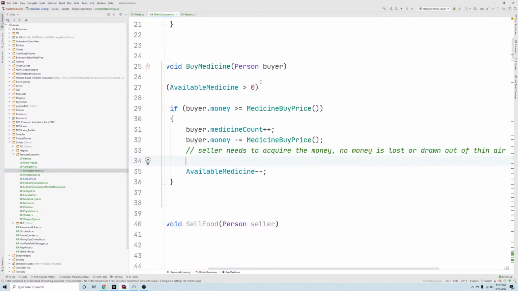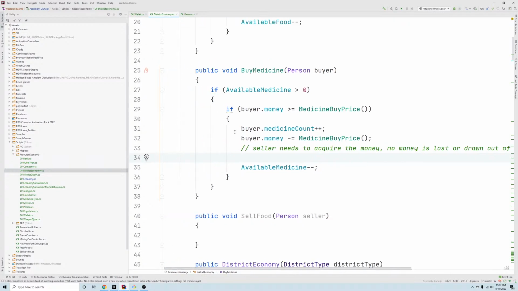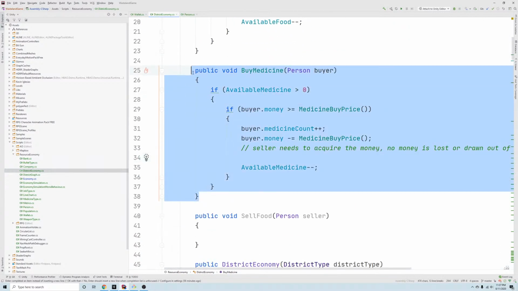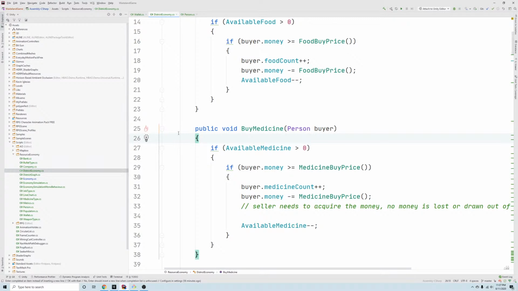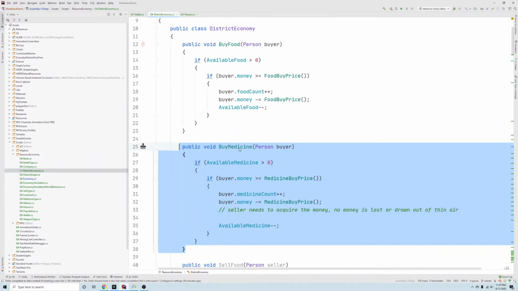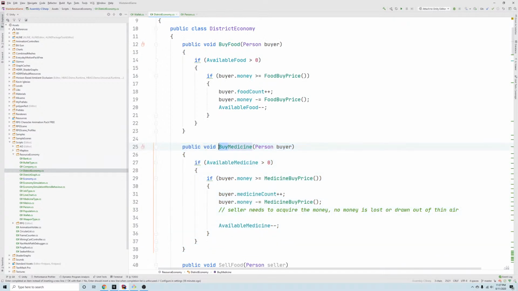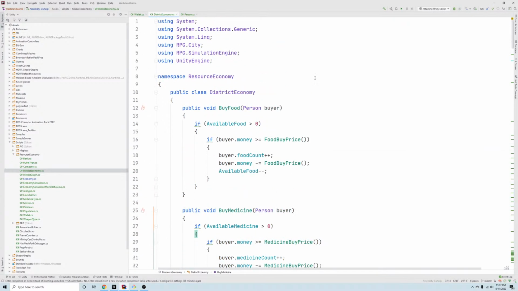What that means is there needs to be owners or sellers for this business that can sell medicine. A district economy class is probably going to get more complicated, because a district economy might consist of companies which are ultimately owned by people.